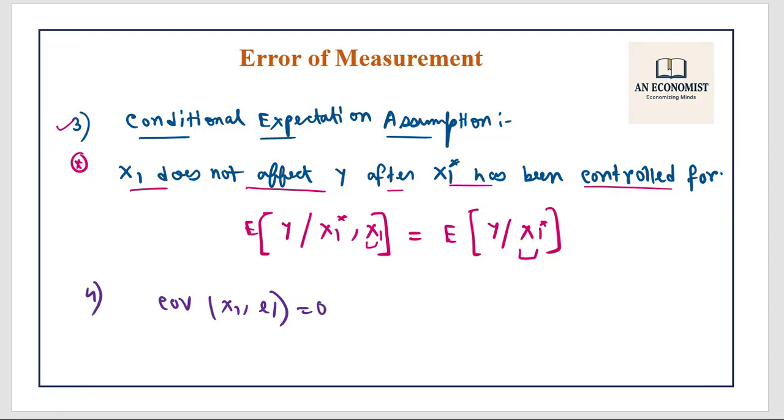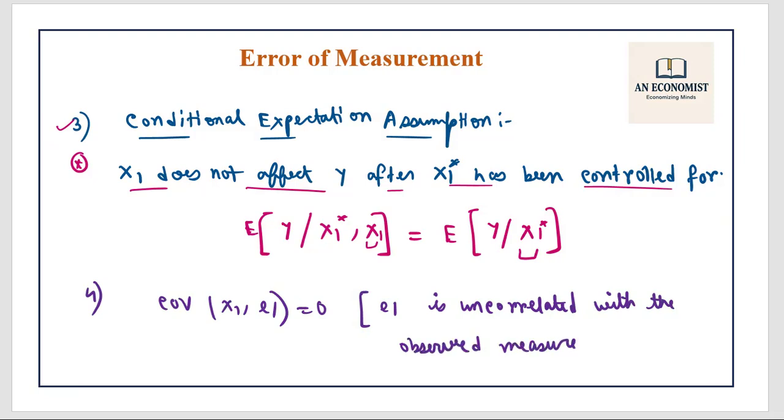This is the fourth assumption, which says covariance of x1, e1 is 0, which basically means e1, the measurement error, is uncorrelated with the observed measure x1, right? So this is the fourth assumption.